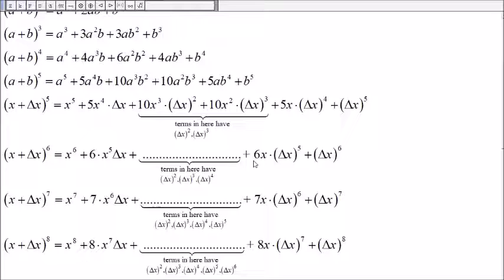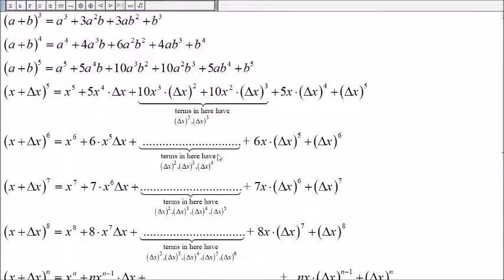And then the last two terms will be 6x times delta x to the fifth plus delta x to the sixth. And then the next term in between will have delta x to the second, the next will have delta x to the third, and the next will have delta x to the fourth. So there are 3 more terms in here.